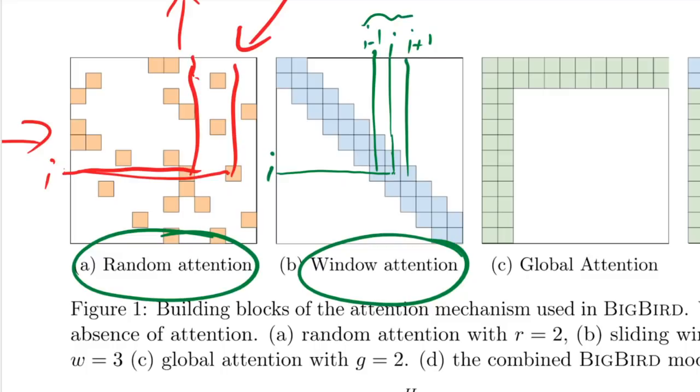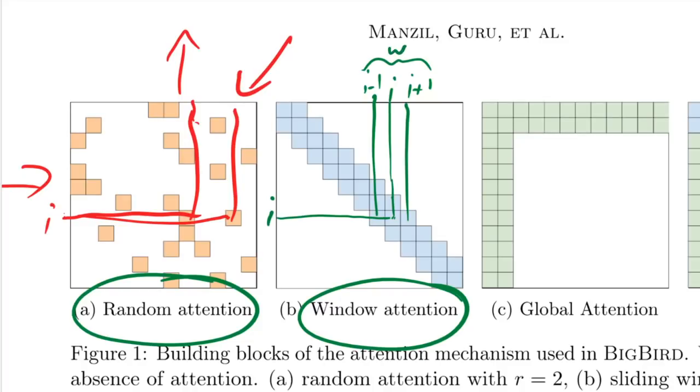And this is a window size W that is a parameter, but also it is a constant, and therefore you again go from n squared to W times n, which is O of n if W is a constant. And this might be familiar to you because we've already seen this in the Longformer paper.